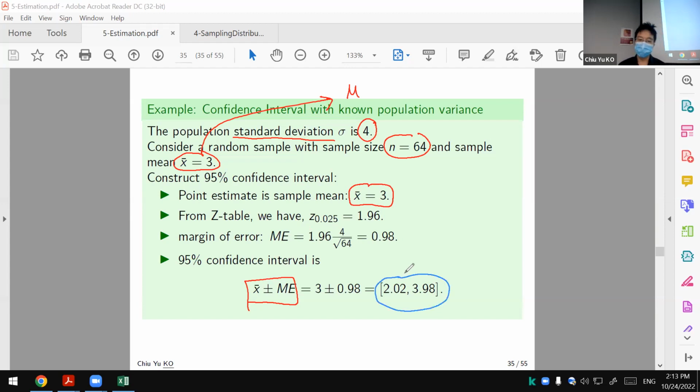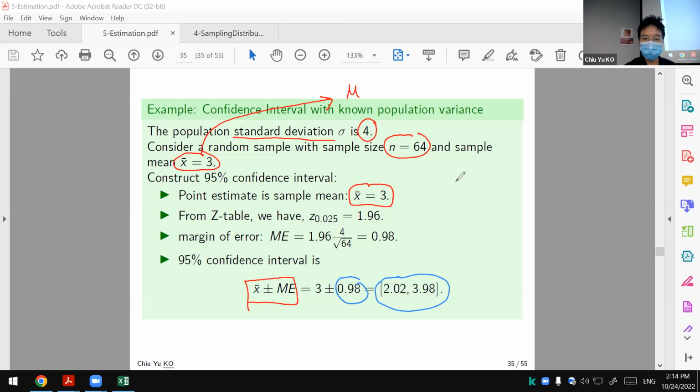We have a very precise statement saying that if we repeat this process many times to make this kind of interval, it would likely be between 2 and 4. But let's see how we calculate this margin of error as 1.